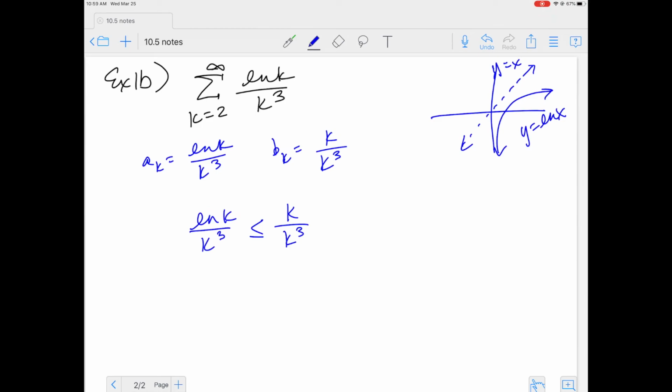So if I have this, if my comparison is bigger and I simplify this to 1 over k squared, p is equal to 2, which is greater than 1. So then I know that this is going to converge by the p-series. Therefore, if my big one converges, what do you know about the original? It also converges.